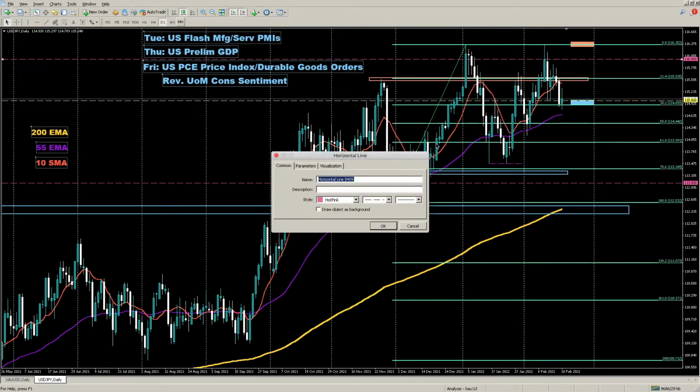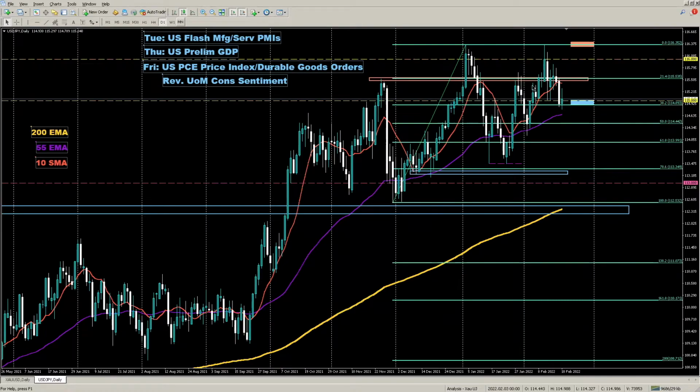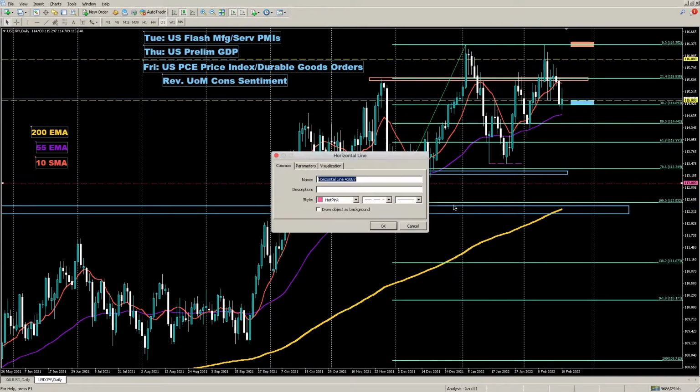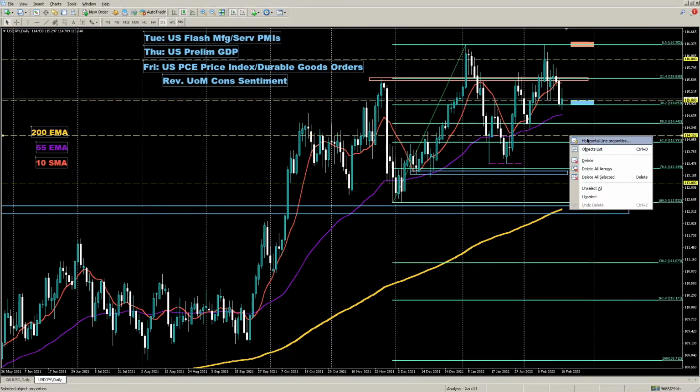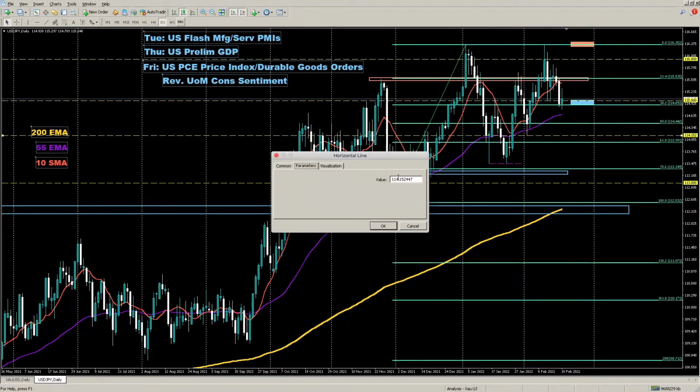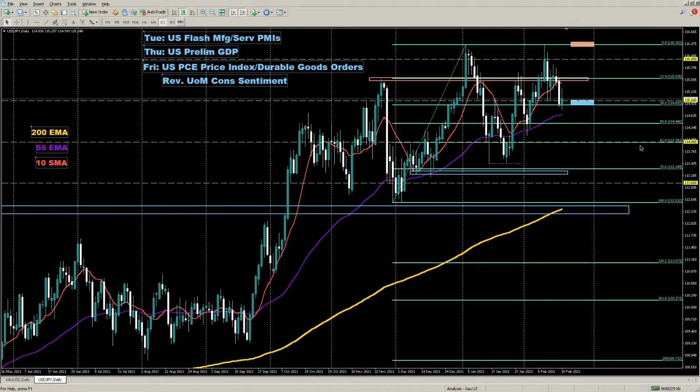Let's change these as well. We may need to add one more round figure now, in case it goes down to the 114, which aligns with the 62 Fib retracement.